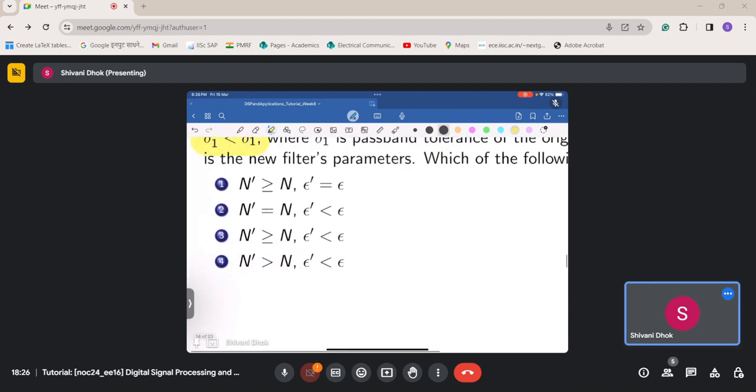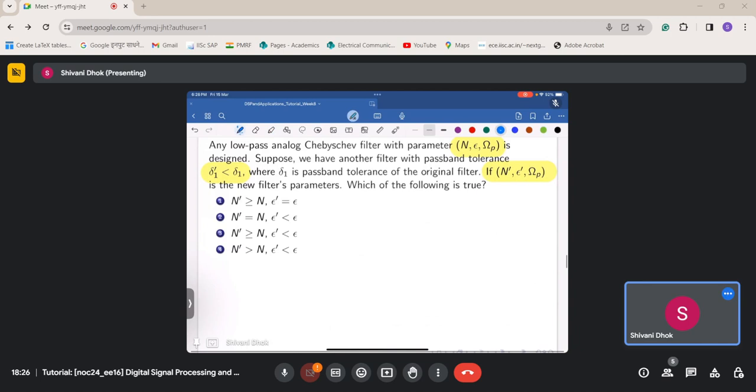So we have these four options, and what we are given is a filter 1 with parameters order n, epsilon and passband edge omega p, and we have filter 2 with parameters n prime, epsilon prime and omega p.